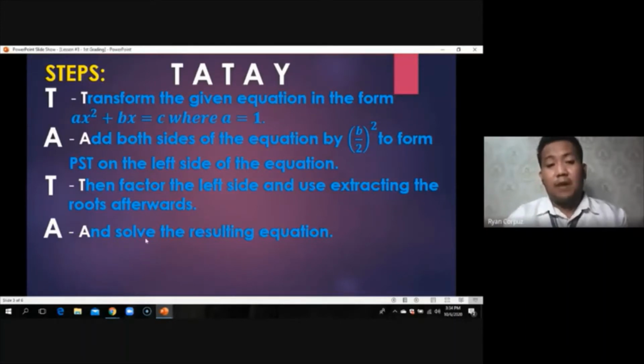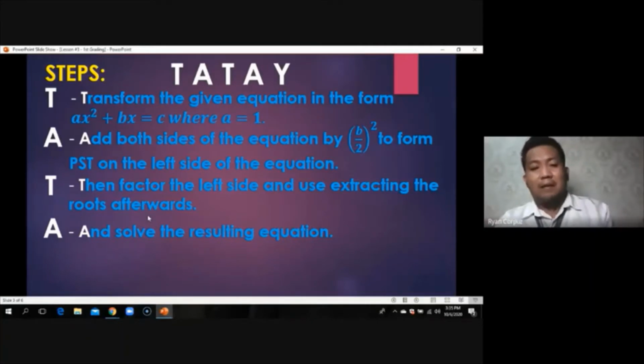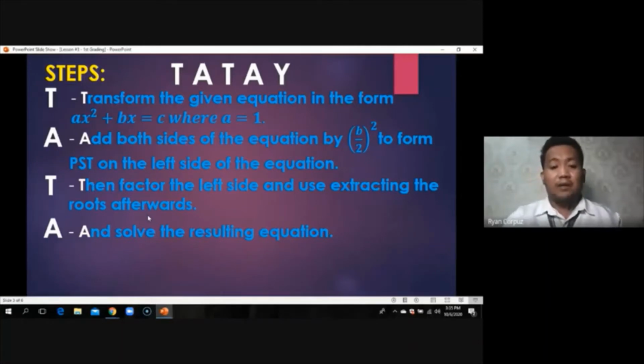So we can solve it by separating the two equations, by separating the two signs, by forming two equations for us to easily come up with the solutions to a given quadratic equation. So we are going to separate the positive and the negative sign of the roots of a given number for us to come up with the solutions to a quadratic equation.